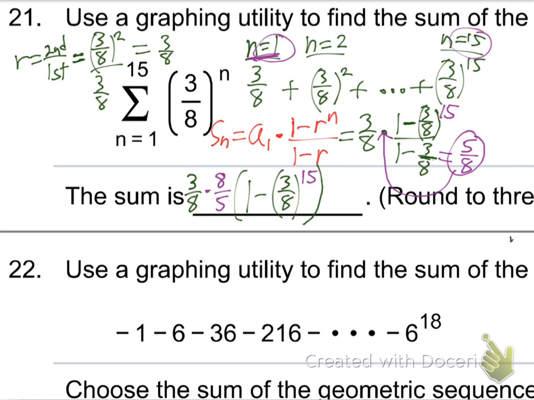These 8s will now cancel. And so I would just use my calculator at that point, just the rest on calculator. I'm getting 0.5, and then the 9s just go and go. They want that rounded to 3 places, so that's going to be 0.600. Rounded to 3 places. We good?